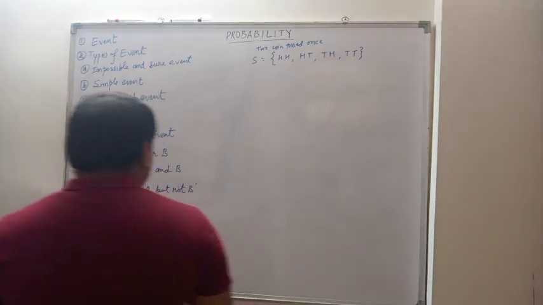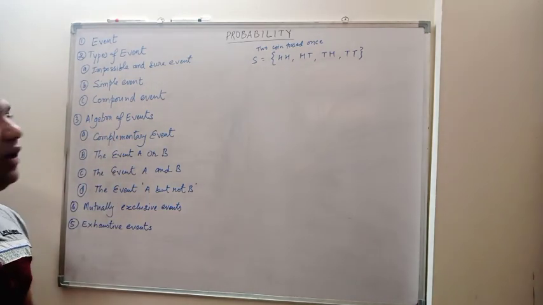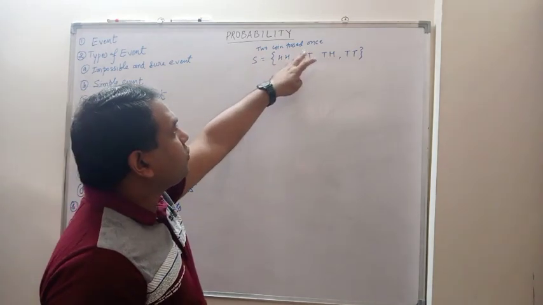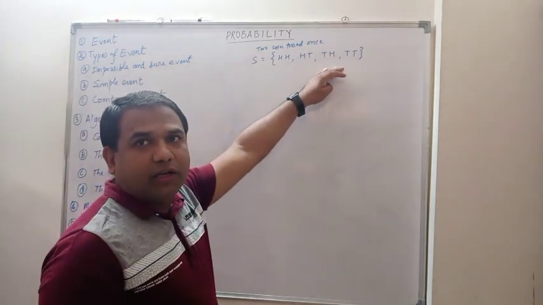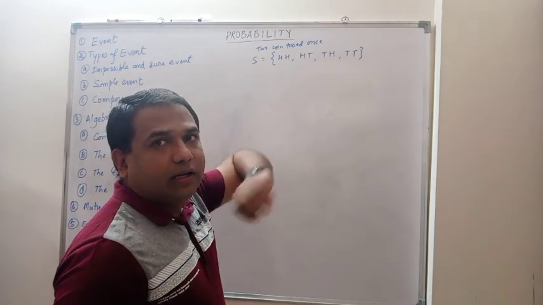So in this video, first of all, we'll see what an event is. Before going to event, I have considered two coins tossed once. The sample space we are getting is HH, HT, TH and TT.